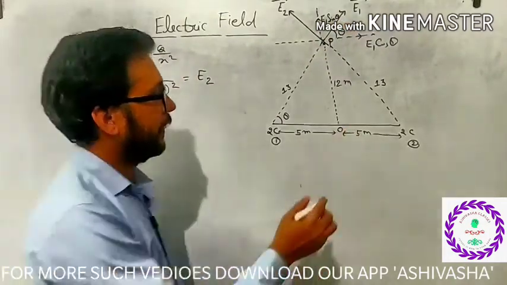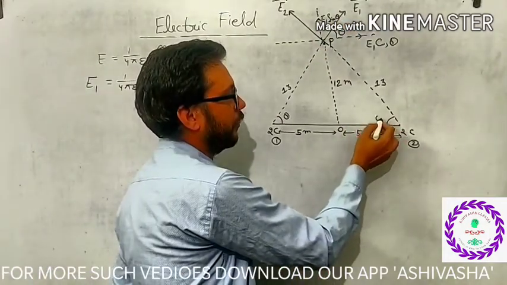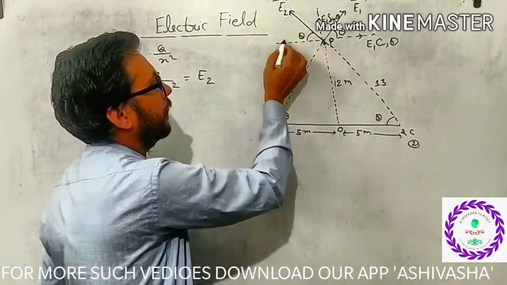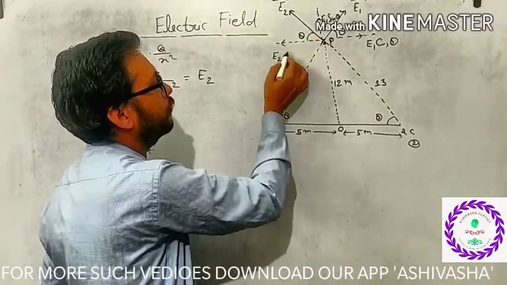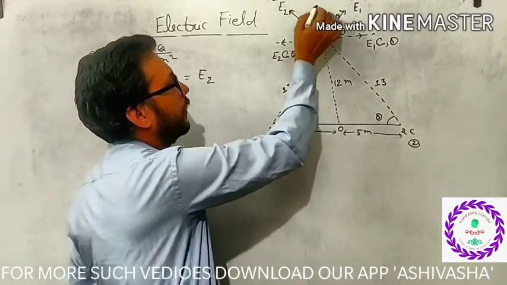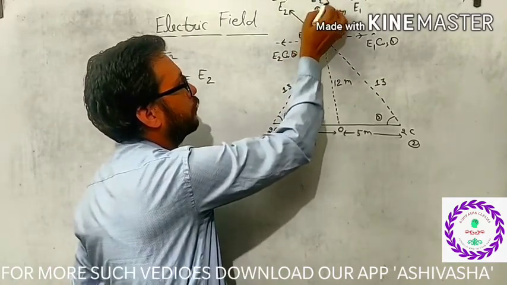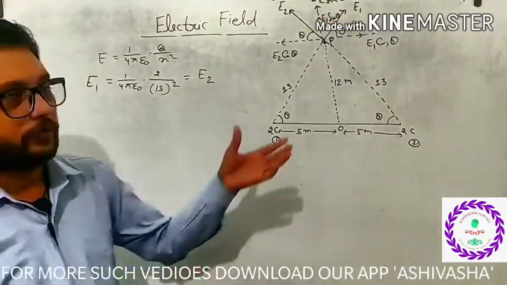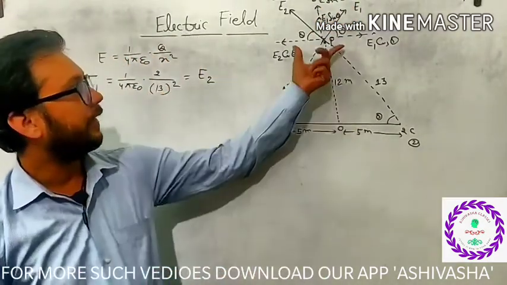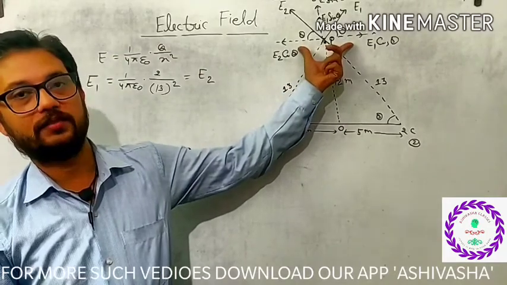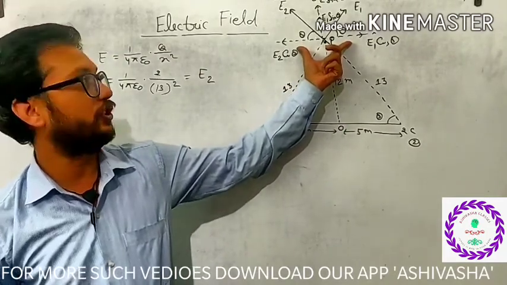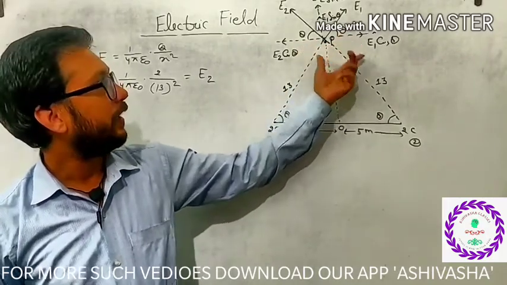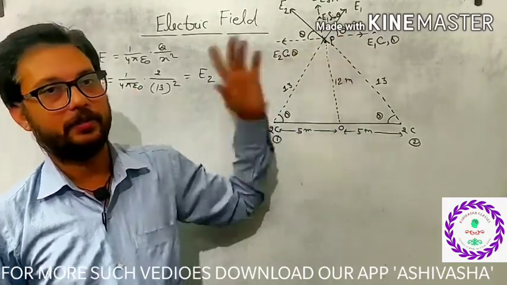Similarly, if we consider this also theta, it has two components, E2 cos theta and E2 sin theta. Now you can see easily that these two vectors are opposite to each other, so they will be subtracted.